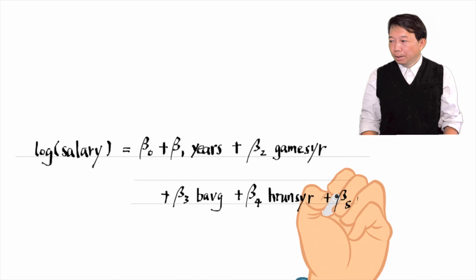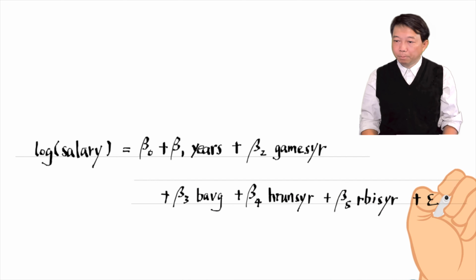For example, this model relates baseball players' salaries to their years in major leagues, the average games played per year, and three productivity performance measures: career batting average, home runs per year, and runs batted in per year.